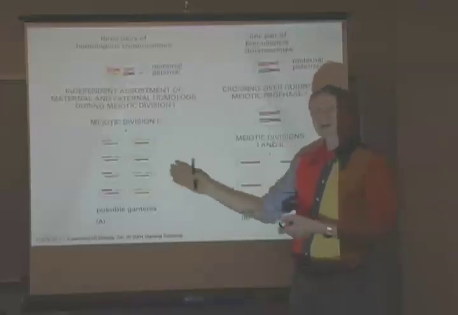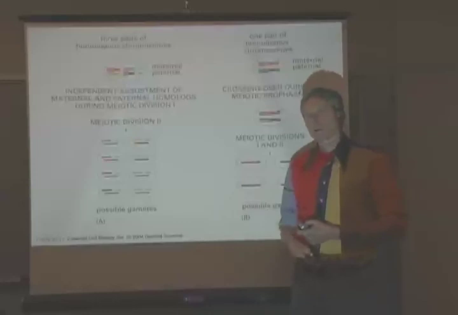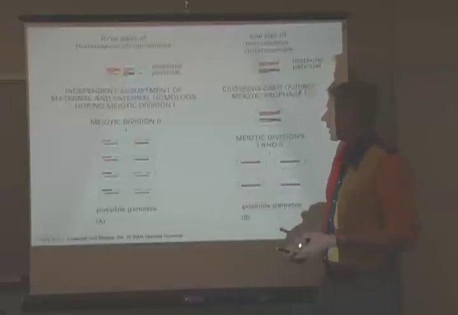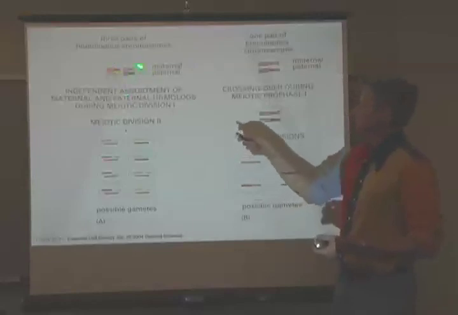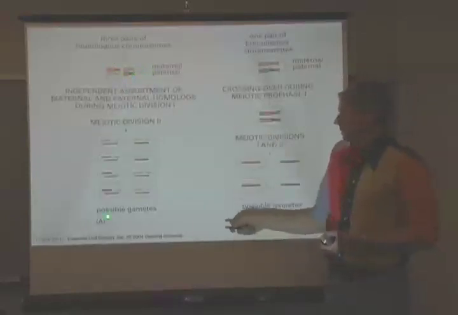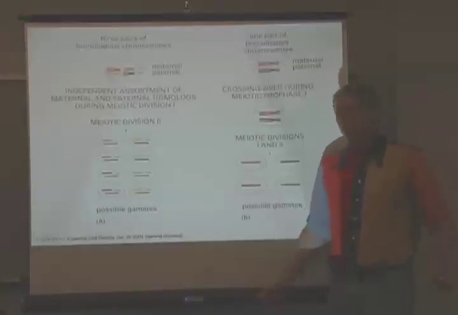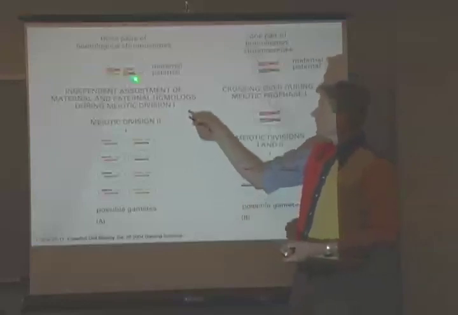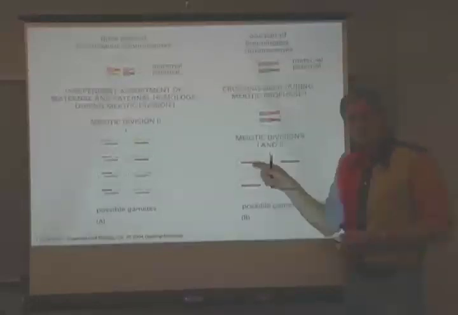You have all different possibilities for combinations for mother versus father, right? So you have many possible gametes. Just from this set of 6 here, you can have 8 possibilities. The combinations are endless. Then, for each one of these, you can, in addition, have this crossing over that I was telling you about before. So these can contain bits from mom and bits from dad.